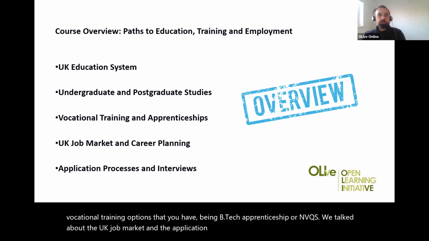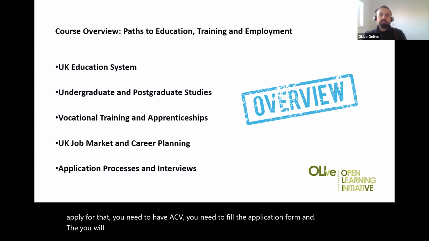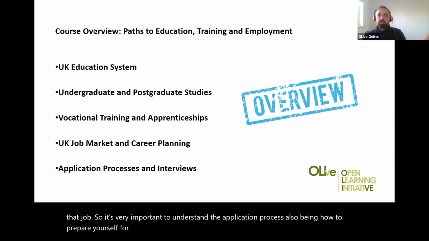You need to find a job, you need to apply for that, you need to have a CV, you need to fill in the application form, and you will be invited most of the time to an interview, and all being well, you will be offered a job. So it's very important to understand the application process, also how to prepare yourself for interviews. I'm going to give you a quick recap on each of these in the next few slides.